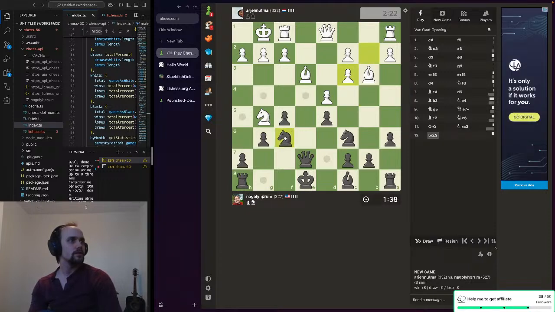What if I do this? Do they run? Well, they'd have to go on this diagonal. Do they just move forward? So I'm trying to capture this so I can get the knight.